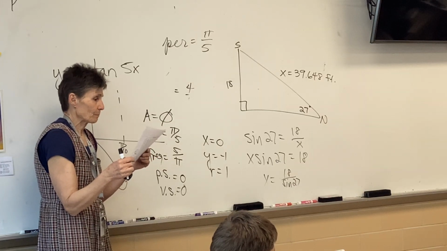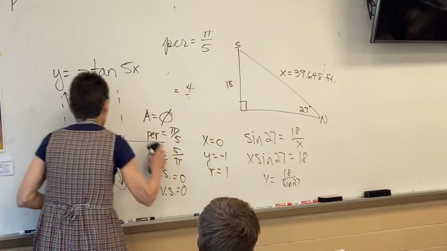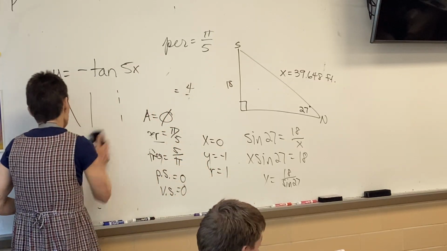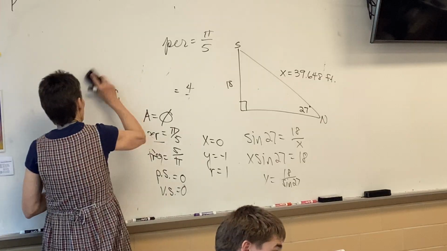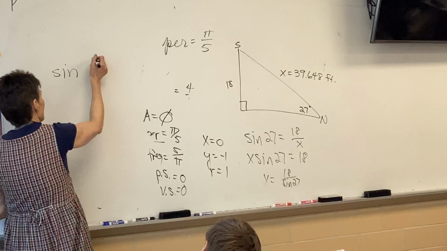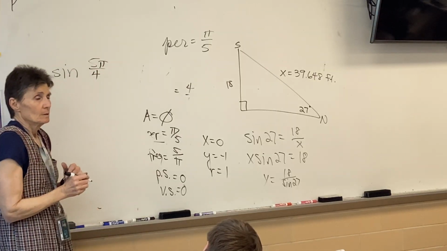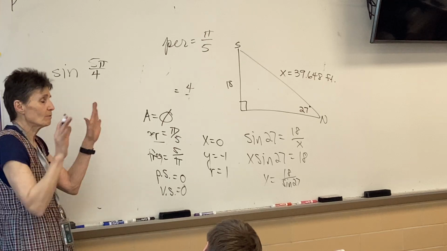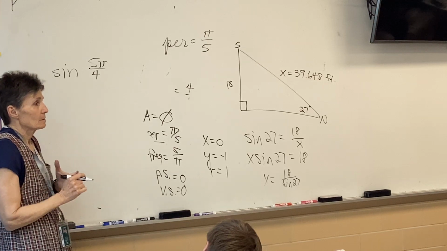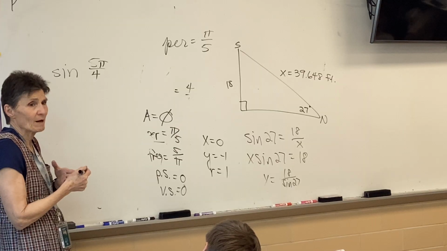All right. We should absolutely not miss this problem. What is the sine of 5 pi over 4? No calculator, 5 pi over 4. So, what do we know about 5 pi over 4?